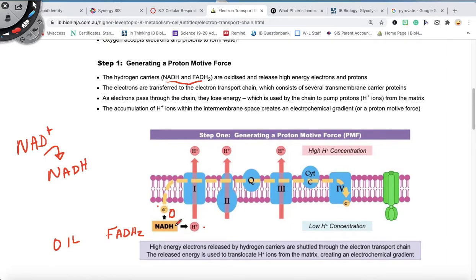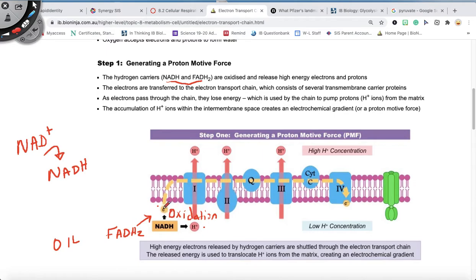But now NADH is getting oxidized. So again, oxidation is happening here. So hence the name oxidative phosphorylation, because these electron carriers are now losing their electrons and their hydrogens.